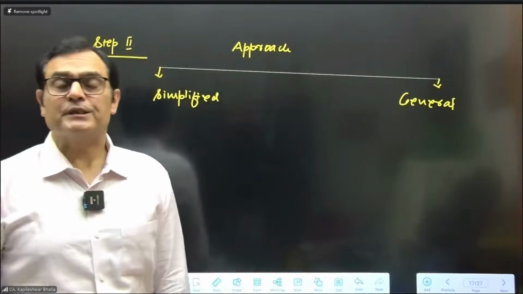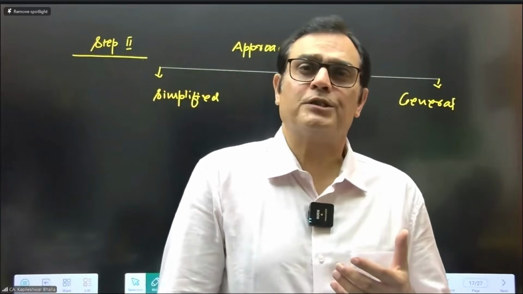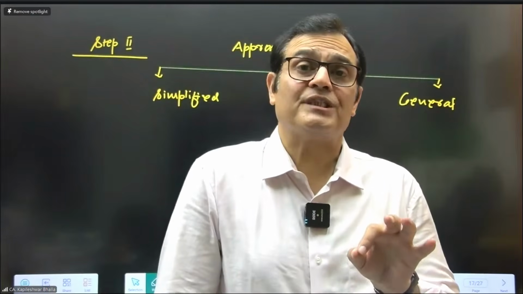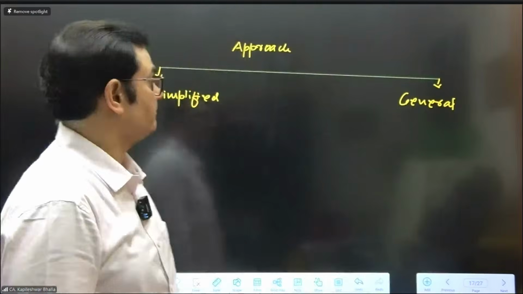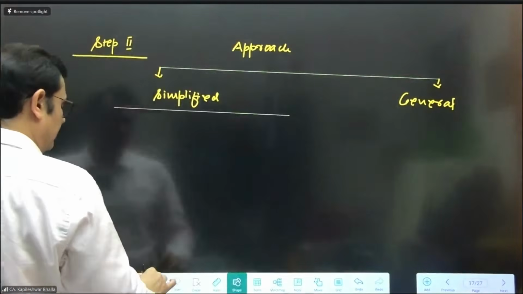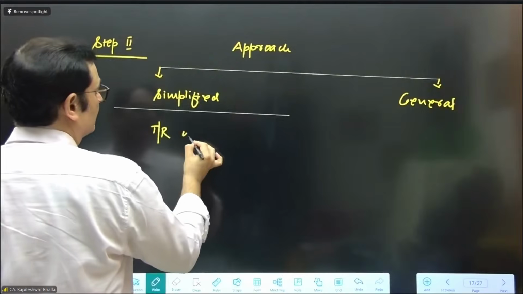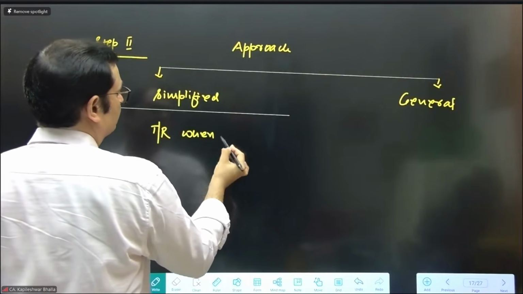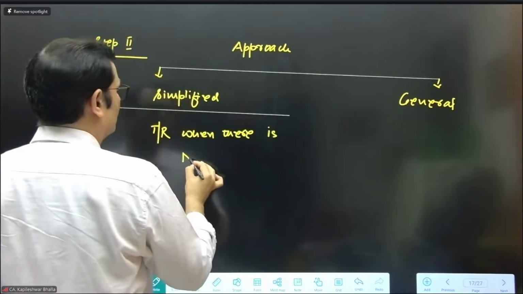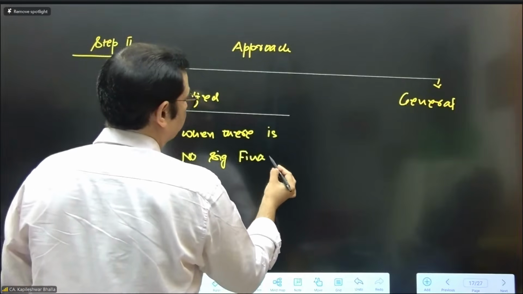The basic input we need to keep in mind is that the simplified approach is basically used for debtors if they've got no significant financing component. It typically applies to trade receivables when there is no significant financing component.